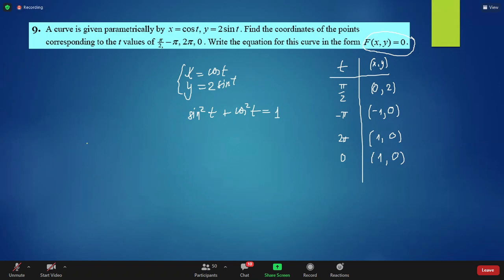So all we have to do is, of course, express the sine using y and the cosine using x. So we would say, evidently, y divided by 2 is sine. So the square plus cosine is exactly x squared equals 1. Or we could say x squared plus y squared divided by 4 equals 1.